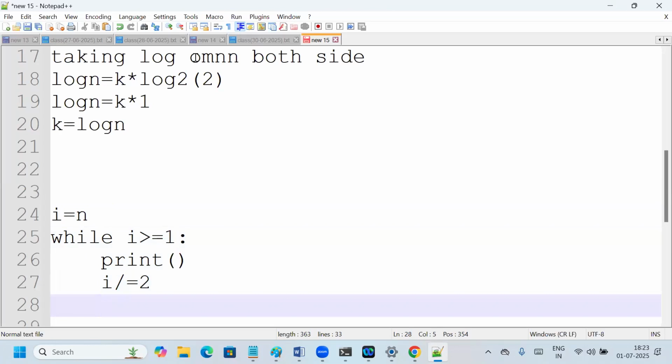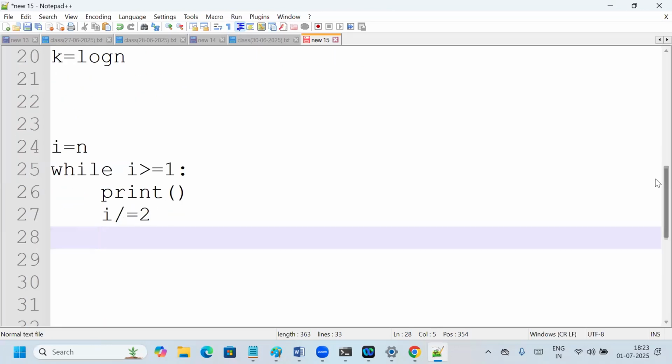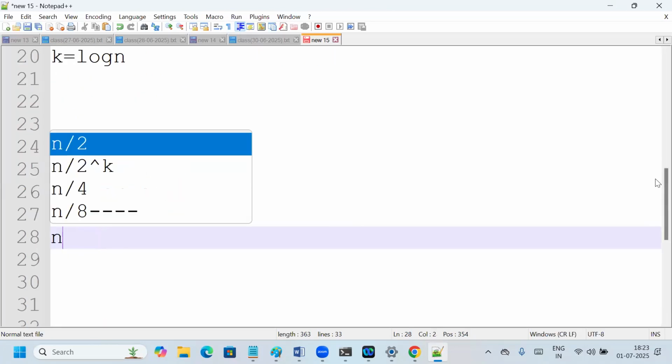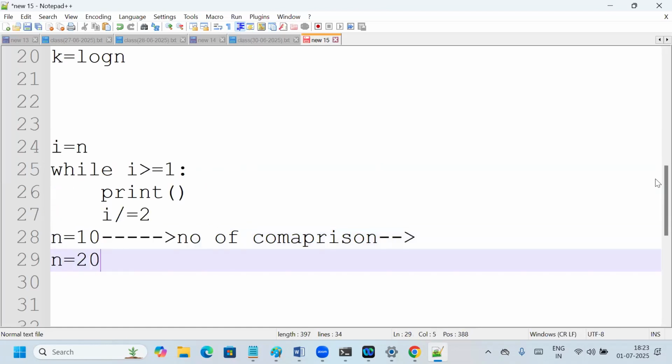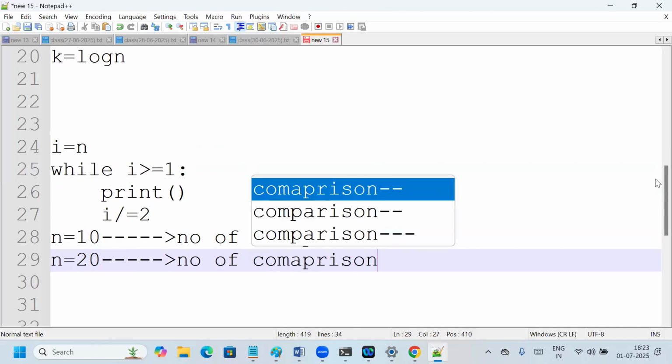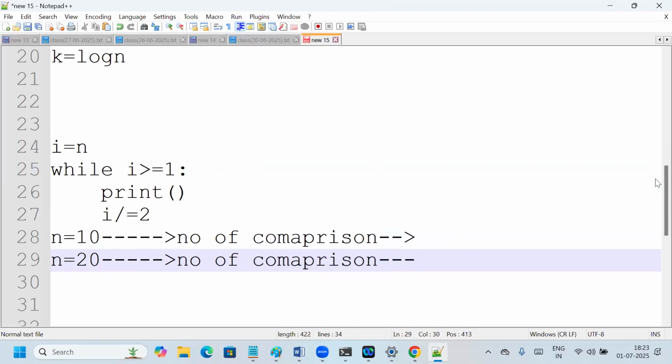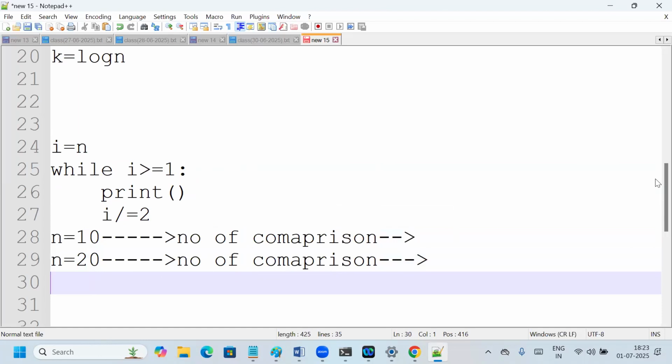Take the n value, guys, 10. Tell me what will be the number of comparison. n value is 20. Tell me number of comparison. Tell me quickly. n equals to 30. What will be the number of comparison?